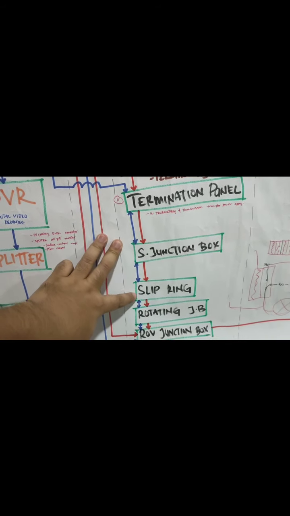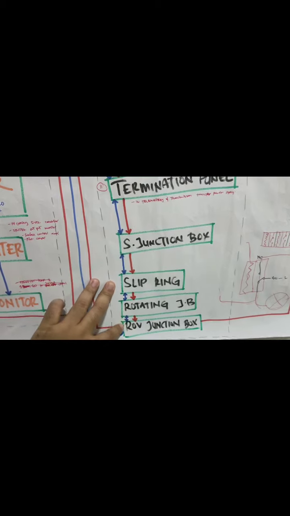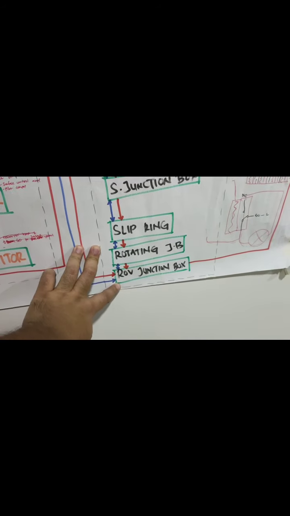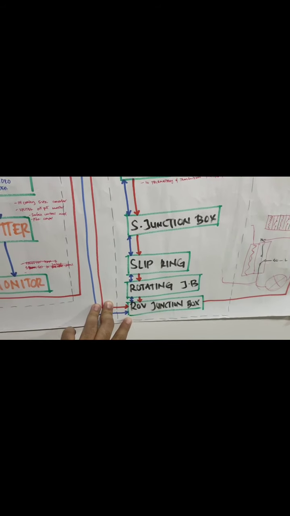static junction box, slip ring, rotating junction box, and ROV junction box, the ones that we saw earlier.